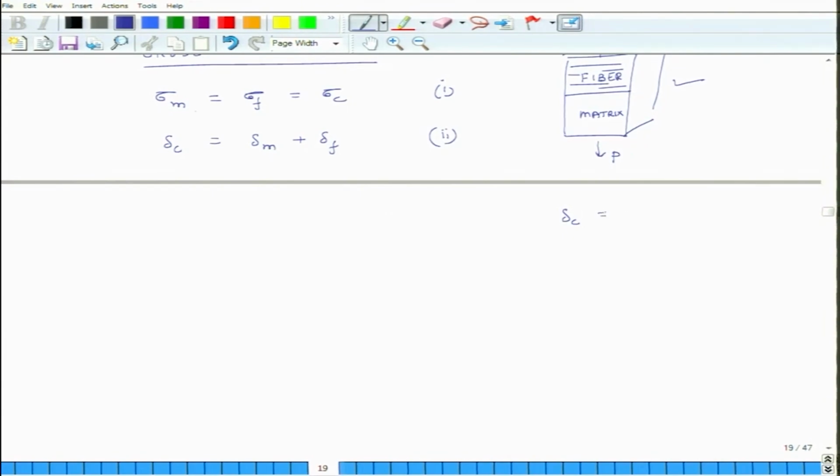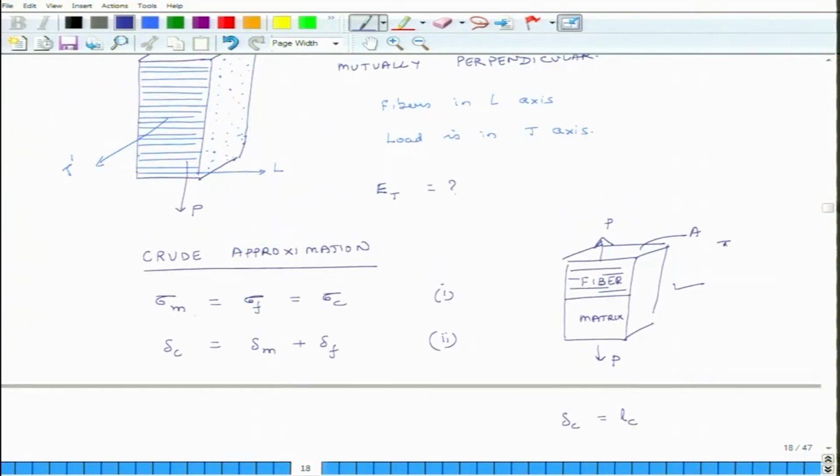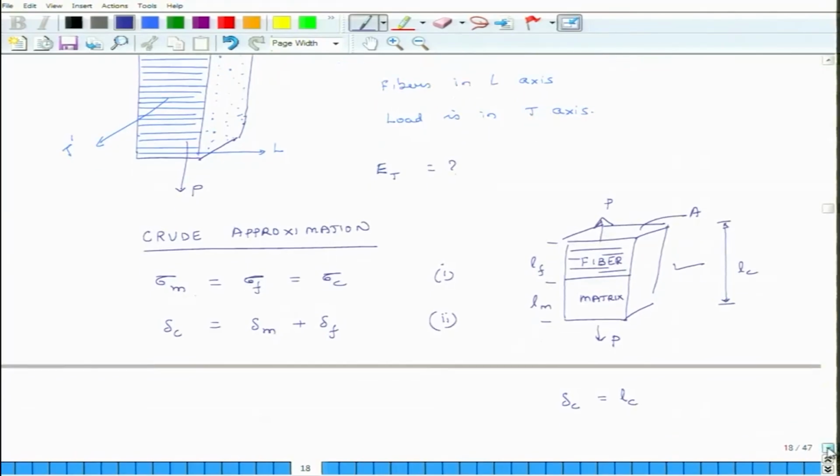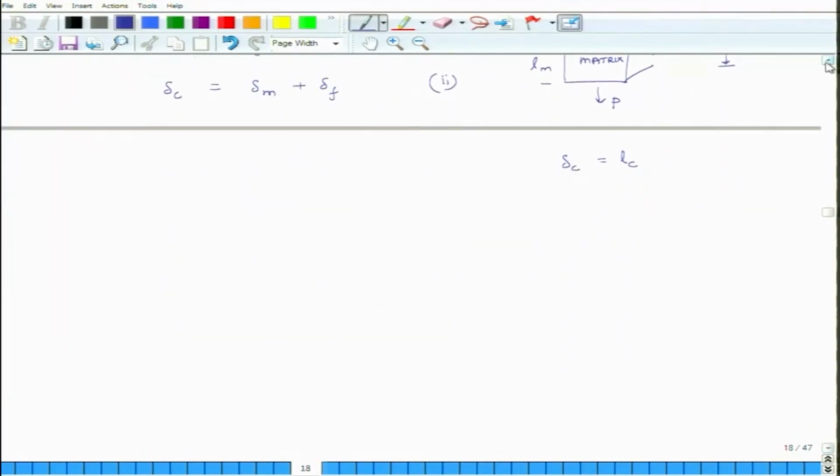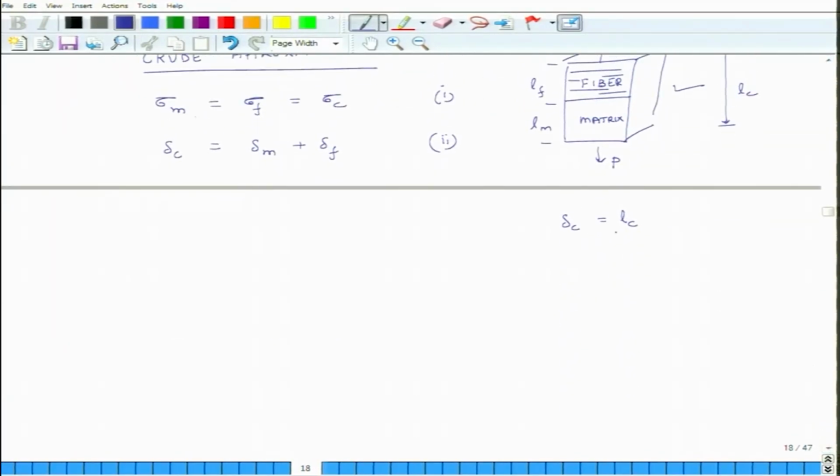Now, we know that the extension in the composite is the overall length of the composite. This is the length of the composite, this is the length of the fiber block, and this is the length of the matrix. So, the extension in composite is the length of the composite times the strain in the composite in the transverse direction.